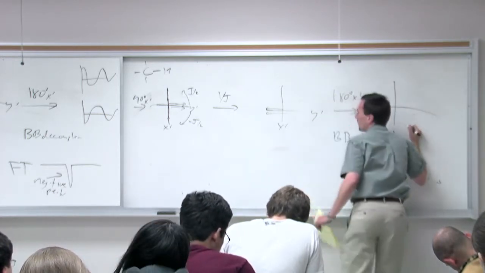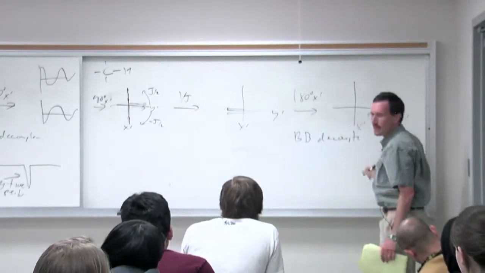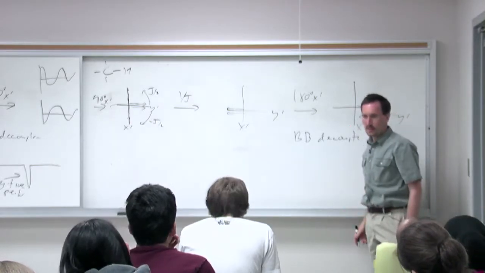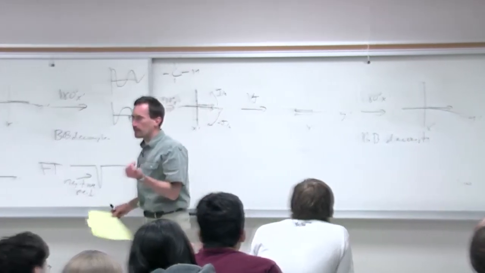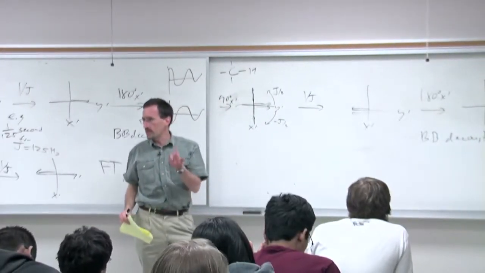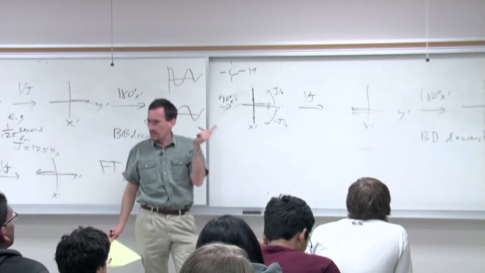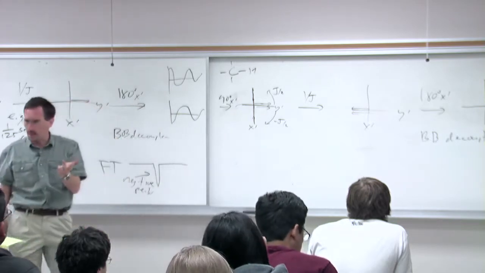So after you've applied your pulse, your magnetization is along the Y prime axis. But you've just turned off your J coupling because you've turned on your proton decoupler. So now you don't have two separate vectors, one precessing faster and one precessing slower. They're both precessing at the Larmor frequency.